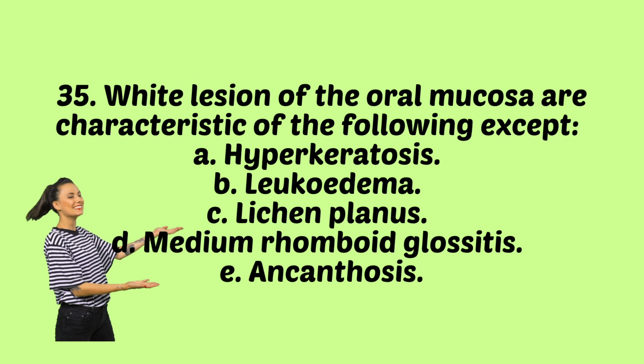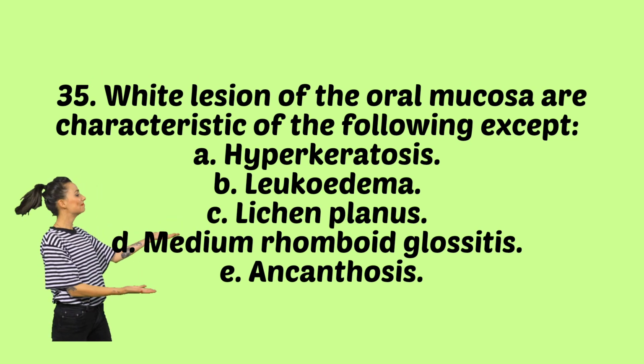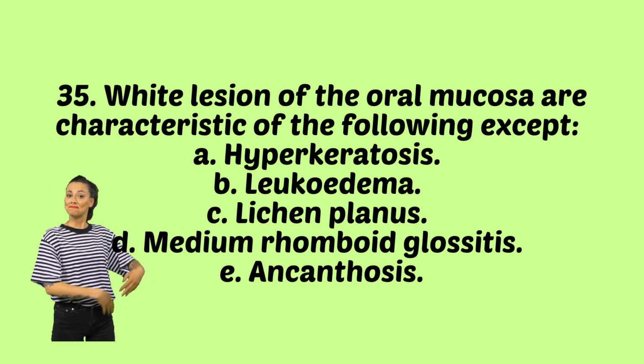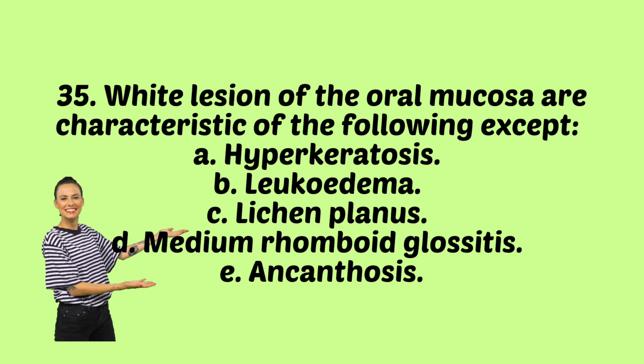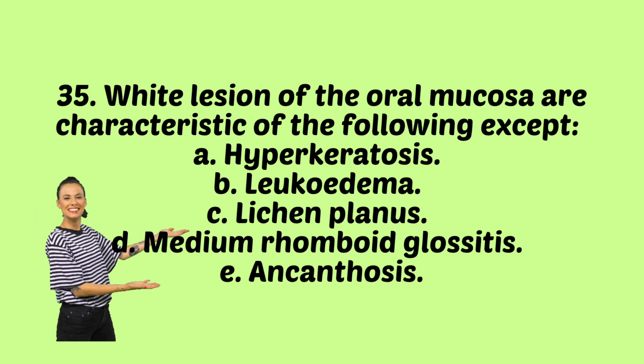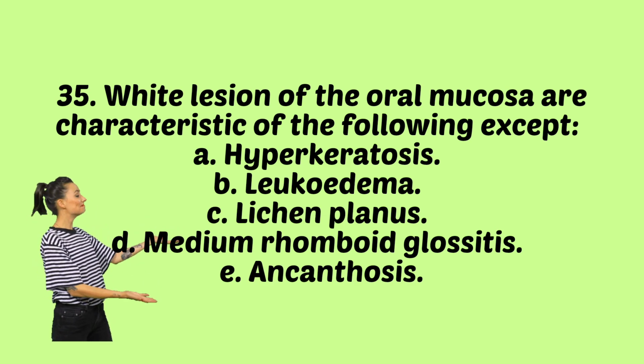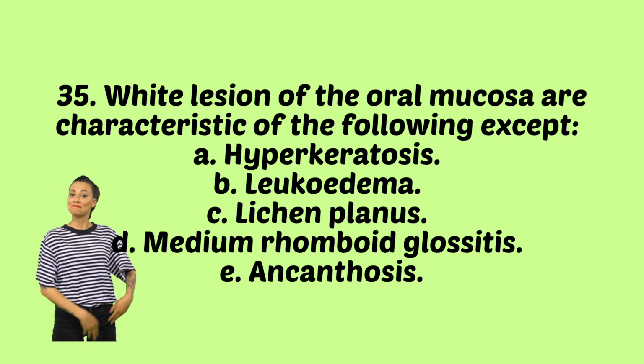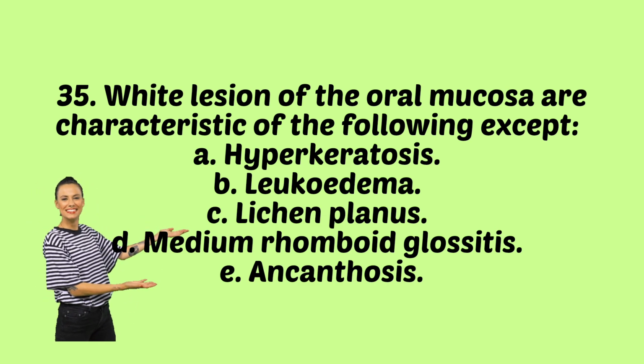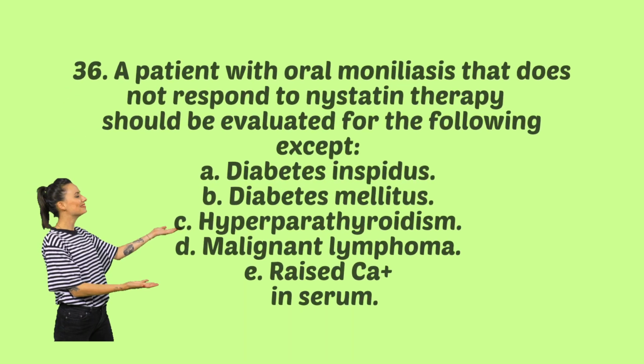Agranulocytosis. 35. White lesions of the oral mucosa are characteristic of the following except A. Hyperkeratosis. B. Leukoedema. C. Lichen planus. D. Median rhomboid glossitis. E. Acanthosis. Option D is correct. Median rhomboid glossitis. 36.